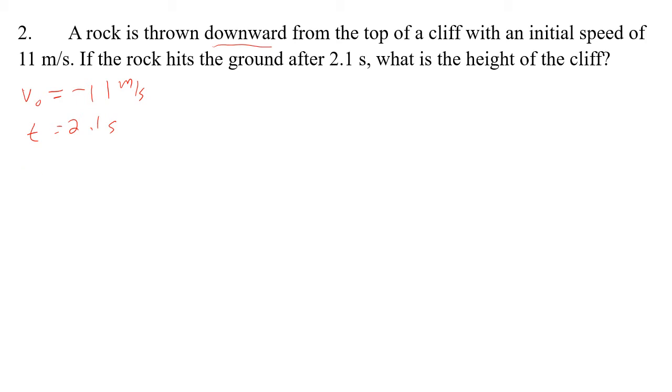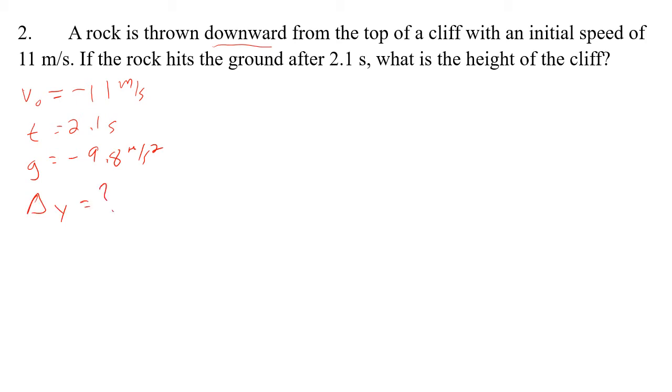VF is not 0. When we talk about the rock hitting, the final velocity is the velocity right before it hits the ground, not when it hits the ground. So G is negative 9.8, and we're finding delta y.